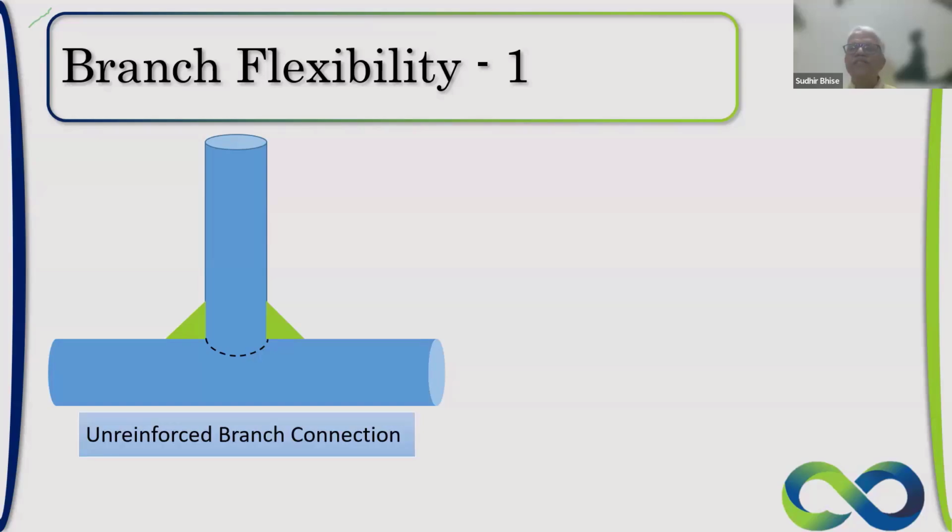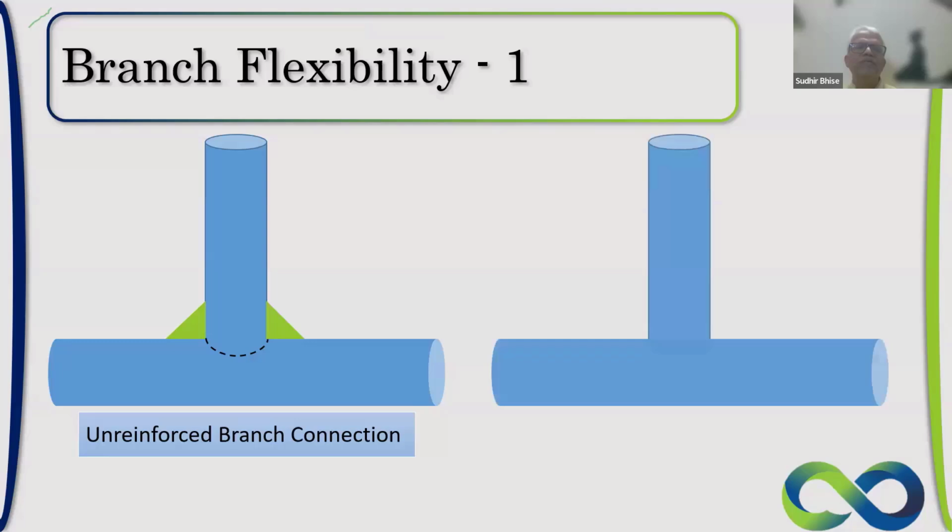The most ancient, most primitive, most crude type of connection, which they also call set-on or stub-in connection. There are several other terminologies in use, but the proper technical definition is unreinforced branch connection. That's it. Okay, next click please.